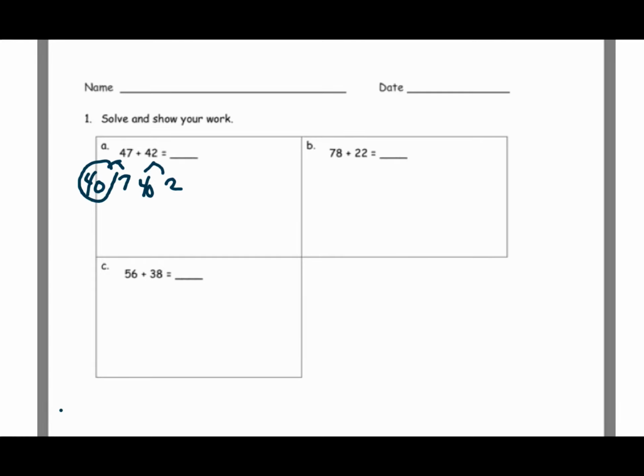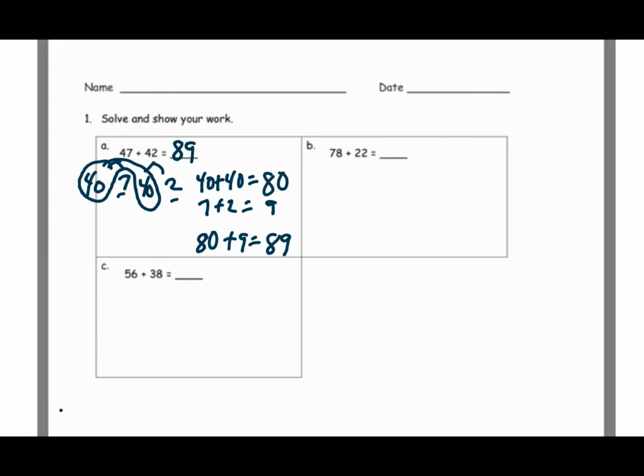I'm going to put my tens with my tens and my ones with my ones. And it would be 40 plus 40 equals 80. And I have my ones of 7 plus 2 equals 9. So 80 plus 9 equals 89. That means 47 plus 42 is equal to 89.